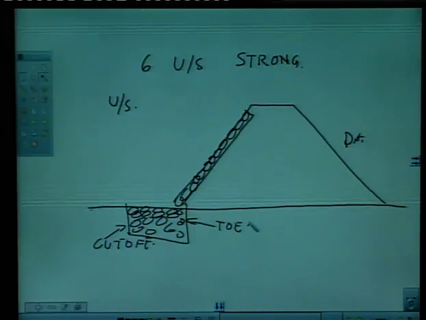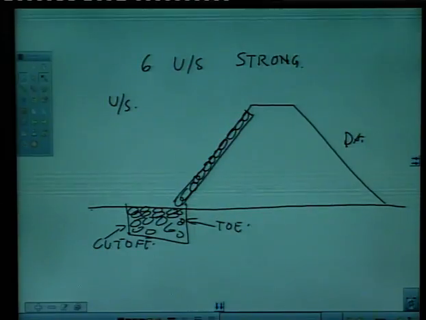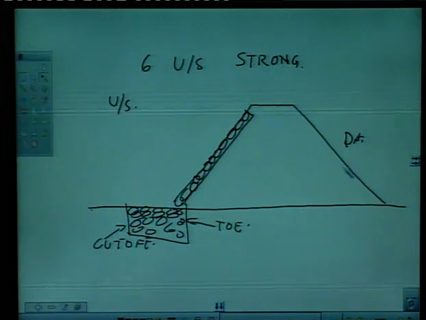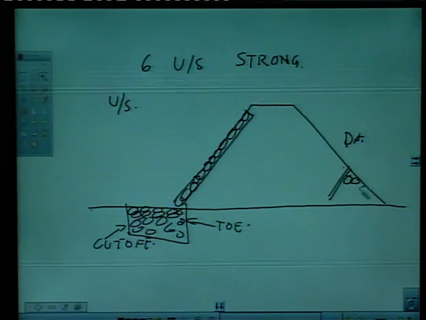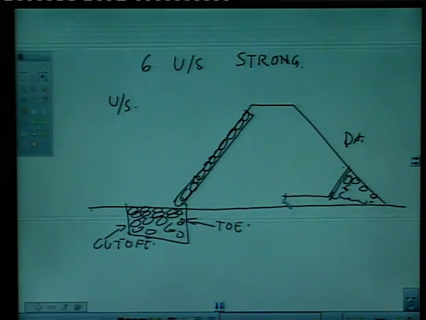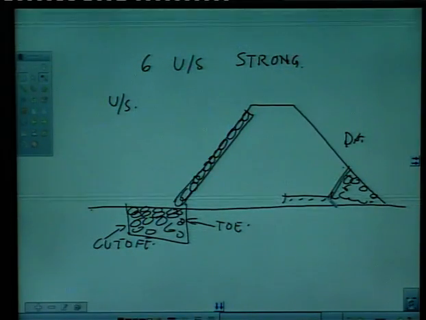Toe section, stone pitching of the dam. So, this is also strengthening our dam structure. The downstream face should be strong to resist erosion due to rain. So, downstream you can strengthen it with a wide filter over here. So, downstream is also protected from erosion.